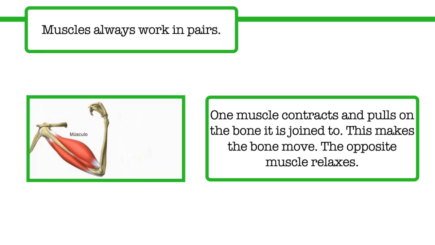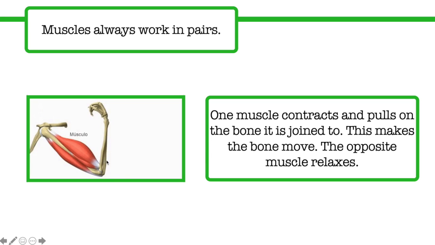The opposite muscle relaxes. Look at this image over here, and you will see that this muscle contracts, se achica, ¿cierto? Se contrae, and allows this bone to move. When this muscle contracts, it allows this bone to move.